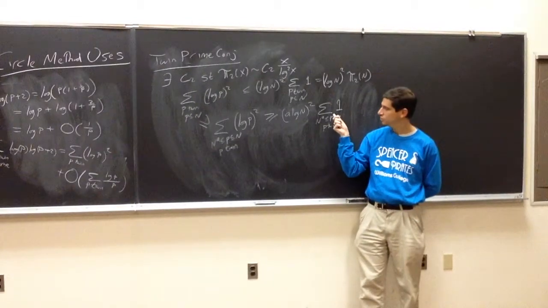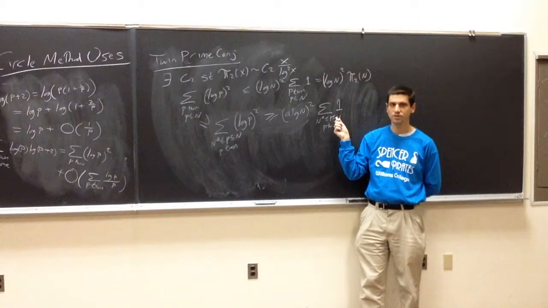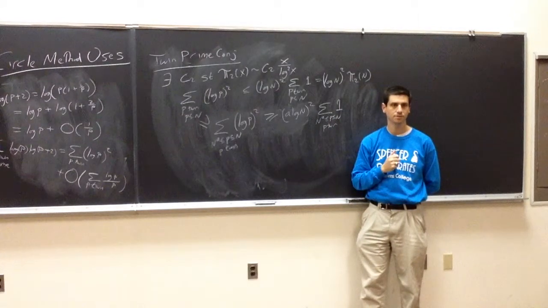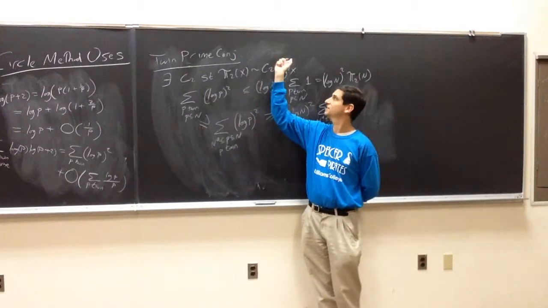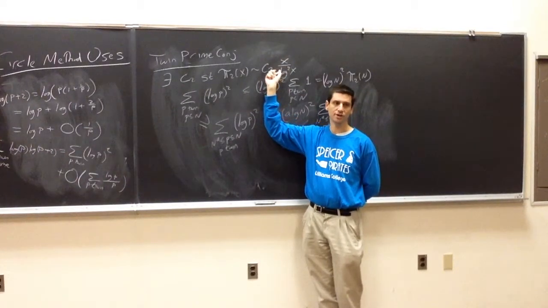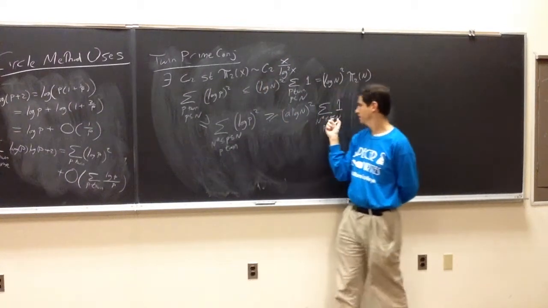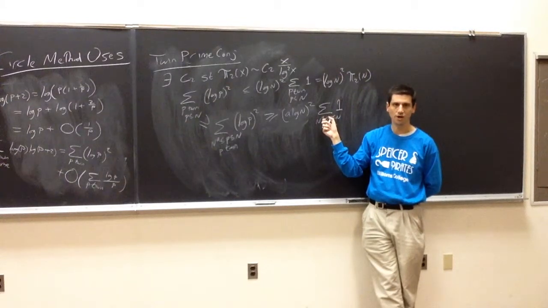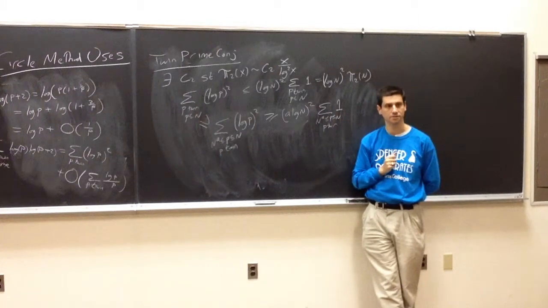And so now this is going to count how many twin primes I have from n to the a to n. If we expect something of size x over log squared of x, then for any value of a less than 1, there are so few twin primes up to n to the a relative to those from n to the a to n.